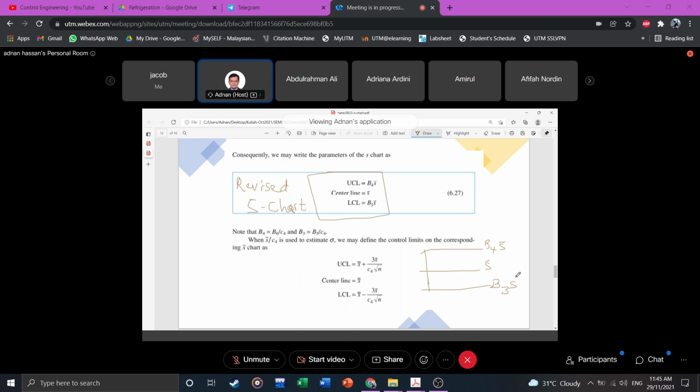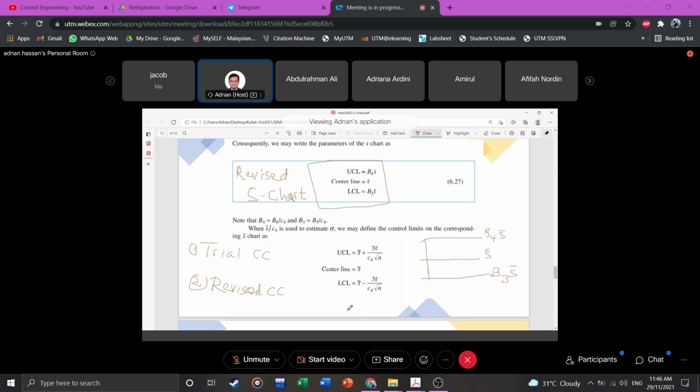Remember that when we do a control chart, first we have the trial. After we remove the assignable cause, we revise. We have a revised control chart. The same thing also applies to the S chart, X chart, and R chart, all going through two phases: phase one is trial, the second phase is revised.